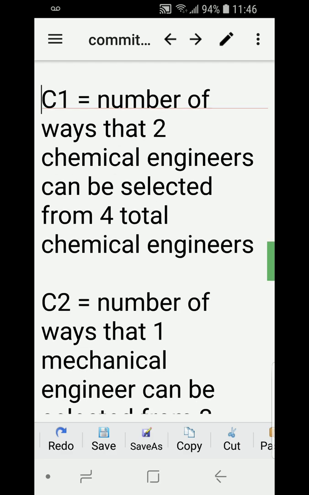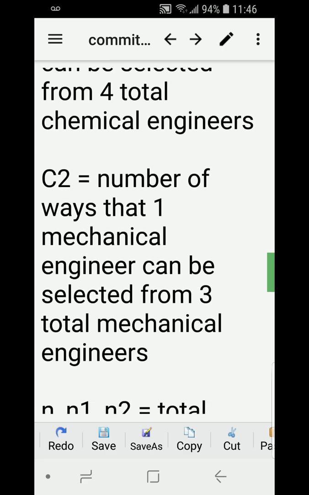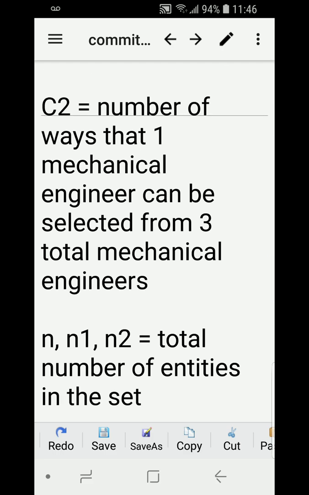This is important here. C1 is the number of ways that 2 chemical engineers can be selected from 4 total chemical engineers. So C1 is only relating to the chemical engineers, so we're selecting 2 out of 4. And C2 is only relating to the mechanical engineer. C2 is the number of ways that 1 mechanical engineer can be selected from 3 total mechanical engineers.